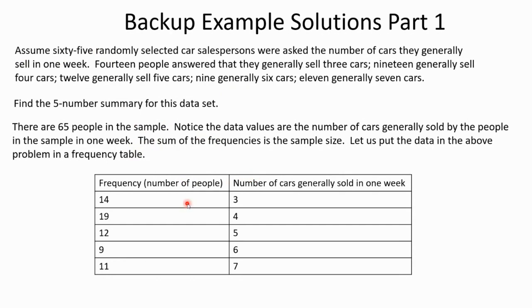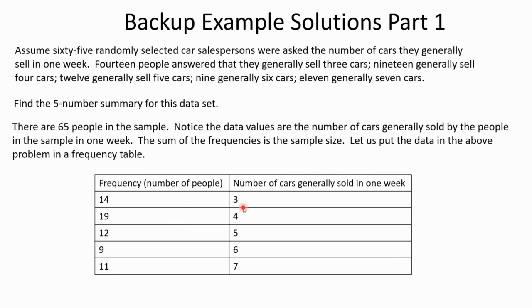And the frequency is how many people responded saying they sold 3 cars. Like 14 people sold 3 cars in a week. So 14 would be the frequency with 3. 19, okay, that's the frequency for 4 cars per week. So 19 is associated with 4.